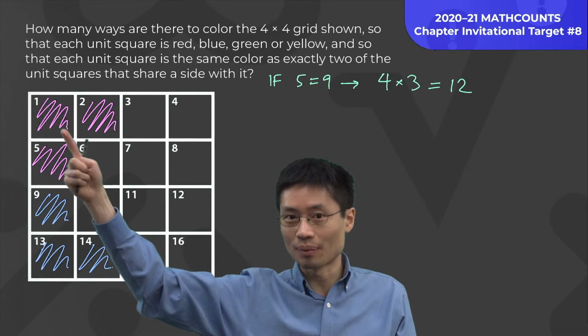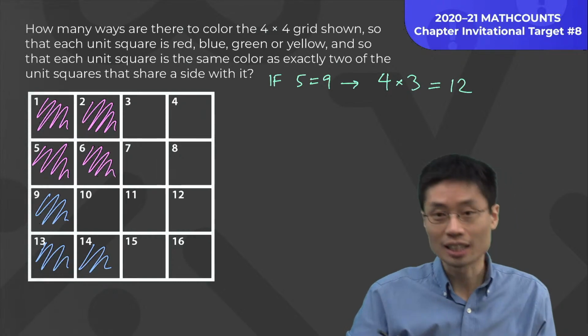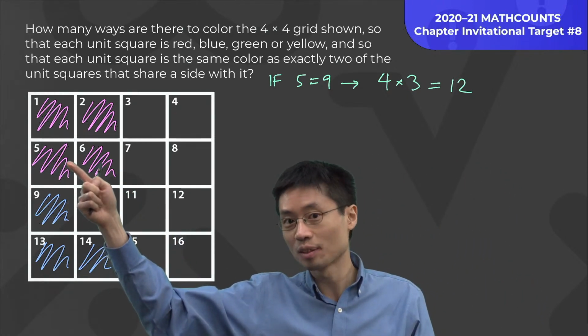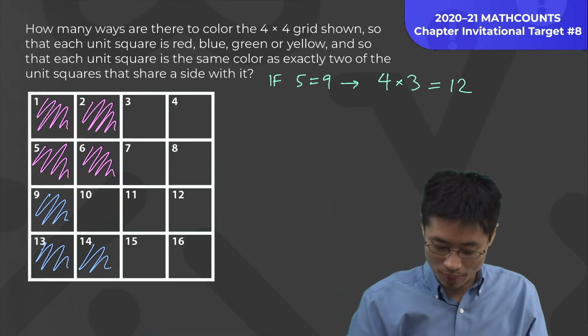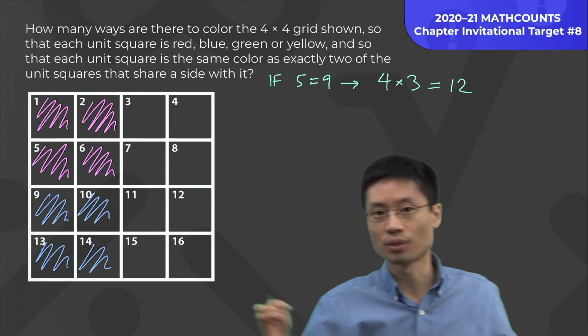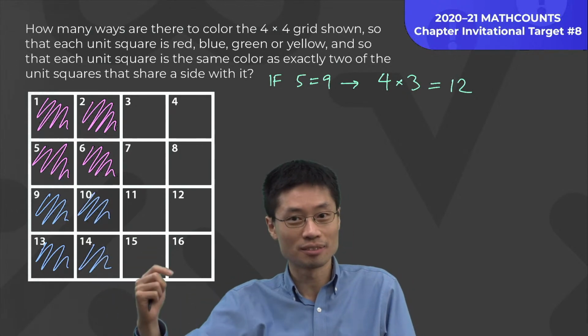So it's the same as that one, and that one better be the same too. So now I know that that's forced. I have no choice. This square, in order for 5 to be happy, both of these have to be the same color as 5. In order for 9 to be happy, both of the squares around 9 have to be the same color as well, because 9 is already different from 5.